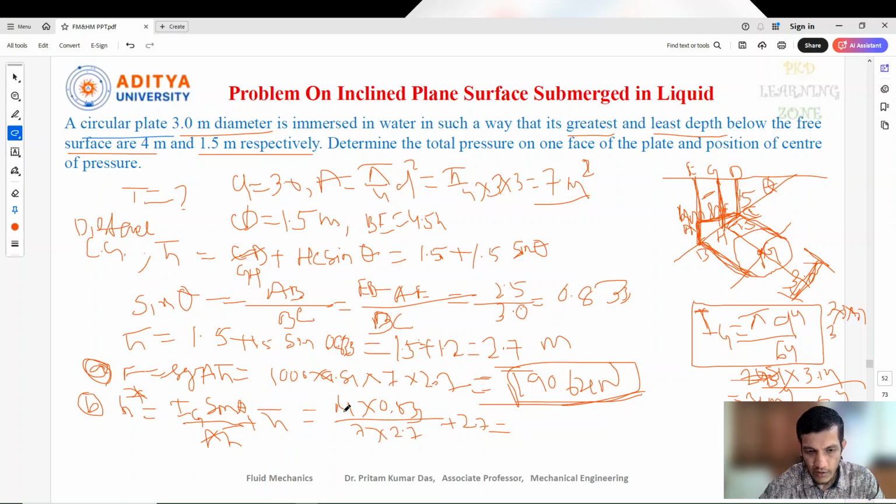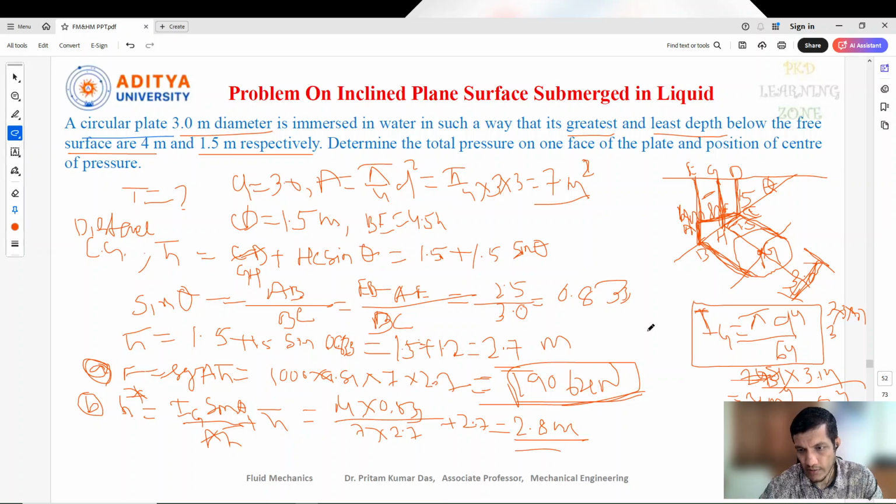So now see, 4 into 0.83, so 3.2 near about it will come. 3.2 divided by 7 into 2.7, that is nothing but 18.9. So 3.2 by 18.9, so a very small value will come. So 2.7 plus 0.00 something will come. So we can write this value will be near about 2.8 meter.